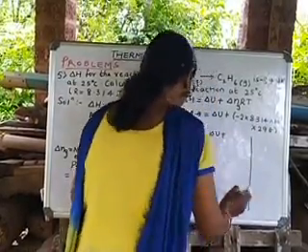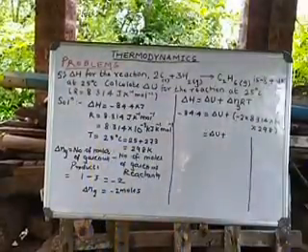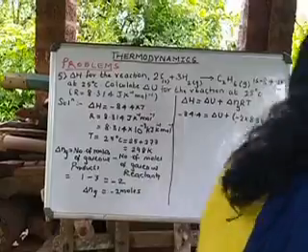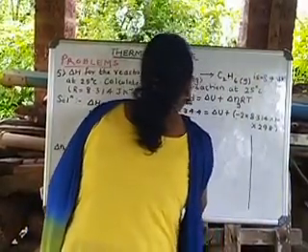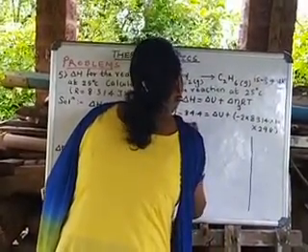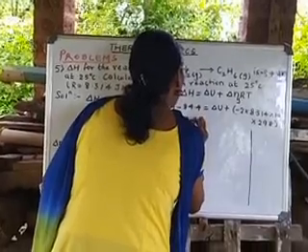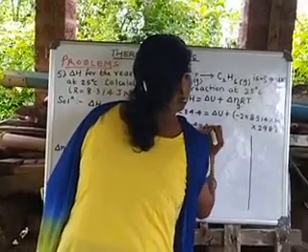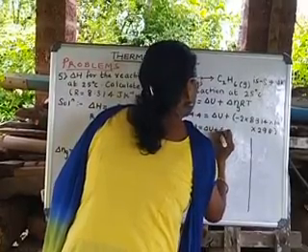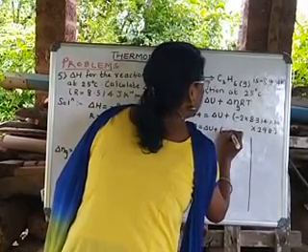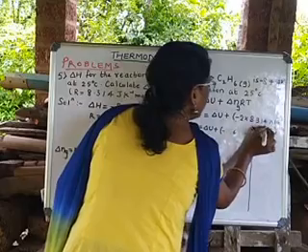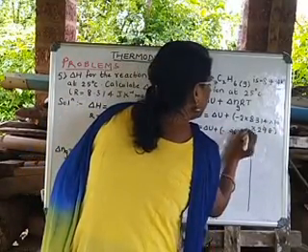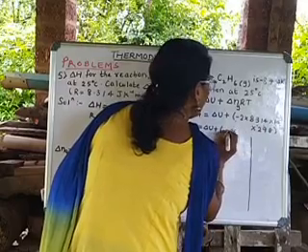So -84.4 is equal to delta U plus, inside the bracket, -8 2s are 16, 1 carry, 9 2s are 18 plus 1 is 19, 1 carry, 2 2s are 4 plus 1 is 5.